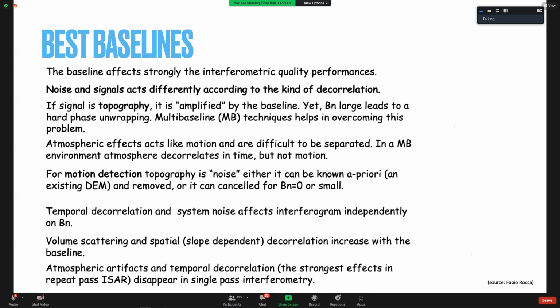On the other hand, what I also wanted to say to you: the perpendicular baseline is not something you can order as such. You cannot go and say, I want a newly acquired image with a baseline of 200 meters. That's not how it works. The satellites go around, and they are held within a certain cube where they can be, so as to not have the baseline be too large.